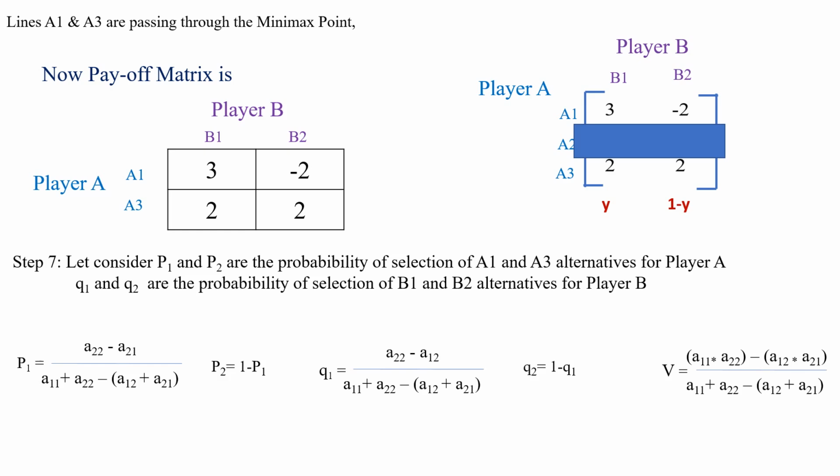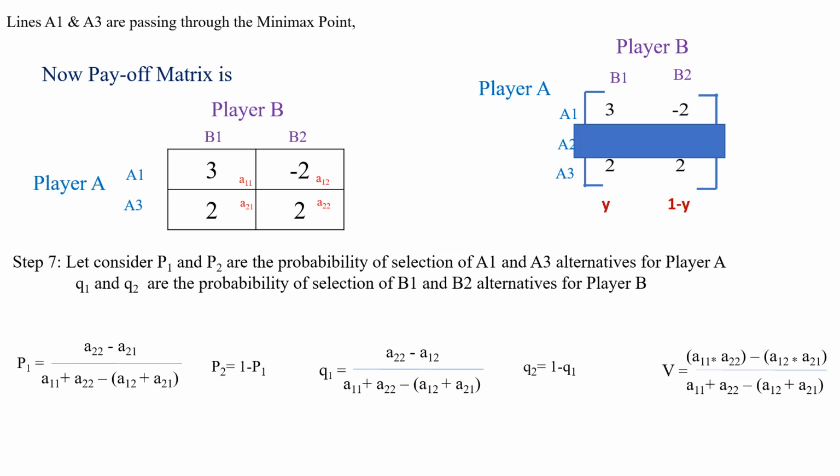Now the payoff matrix is 2 by 2: A11 value is 3, A12, first row and second column, is minus 2, A21 is 2, and A22 is 2.